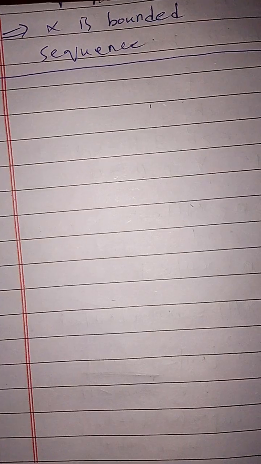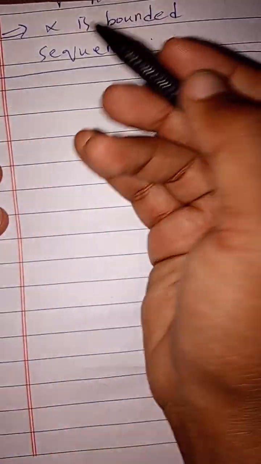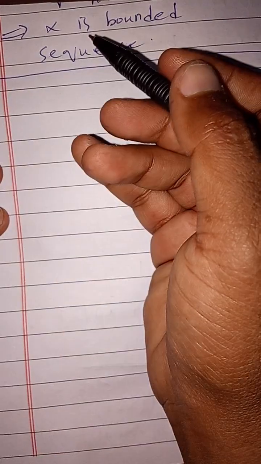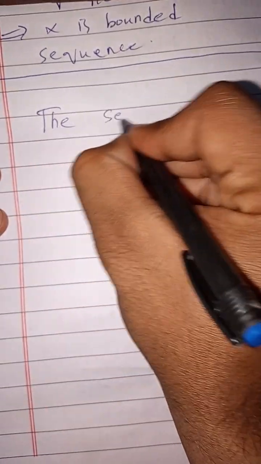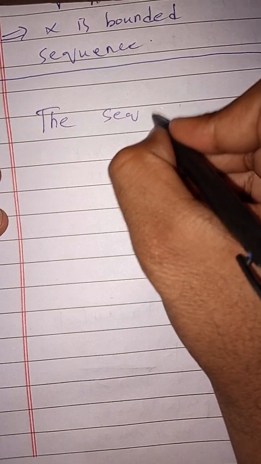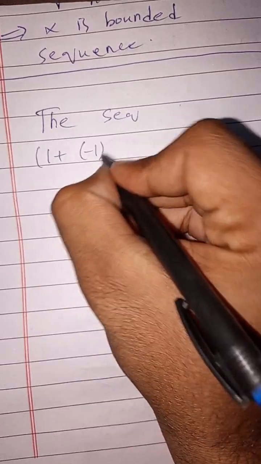Let us show a question which is not Cauchy. Let us have a sequence which is not Cauchy, and we have to show that it is not Cauchy. If a sequence gives different values of epsilon, then it is not Cauchy. Let we have the sequence 1 plus minus 1 power n.